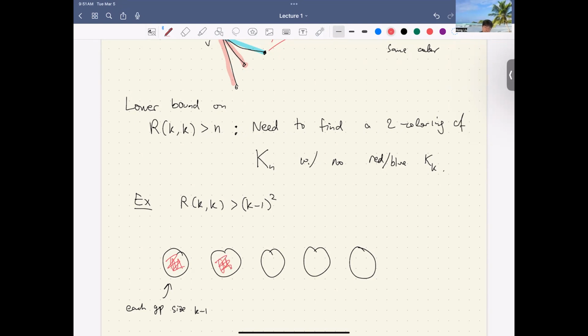Same for all of them. And the number of groups is K minus 1, okay? So the total number of vertices is what? (K minus 1) squared. That's the target bound.